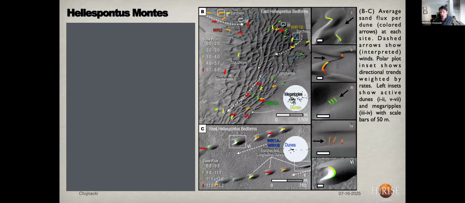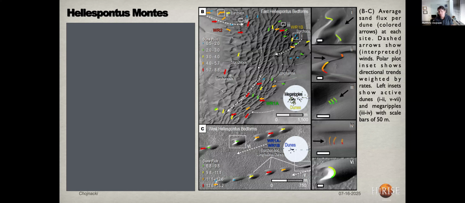And that talks about mostly dunes and megaripples, but some other bedform classes that show evidence for being cemented, and they're pummeled by small impact craters. They've got boulders going down their slopes. Those are true cemented paleo dunes or paleo bedforms that are part of the rock record.